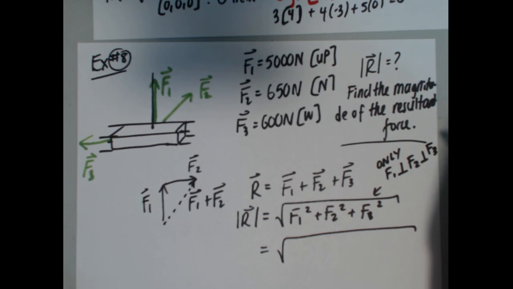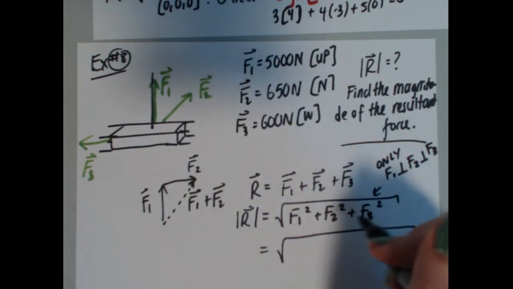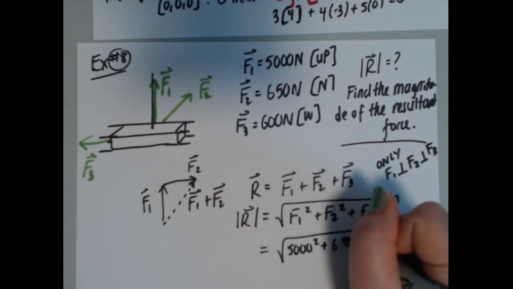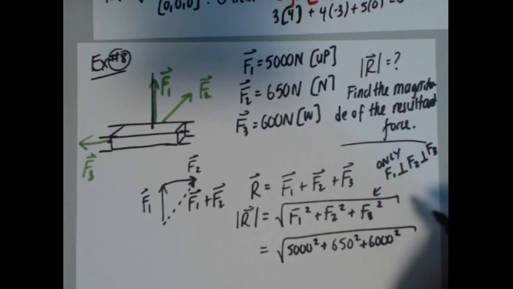If they're not, you can't do that. Then you have to add vectors the way we were taught back in chapter 6. So F1 is 5,000, so that's going to be 5,000 squared plus 650 squared plus 600 squared. Oh, sorry, 600 squared, not 6,000.